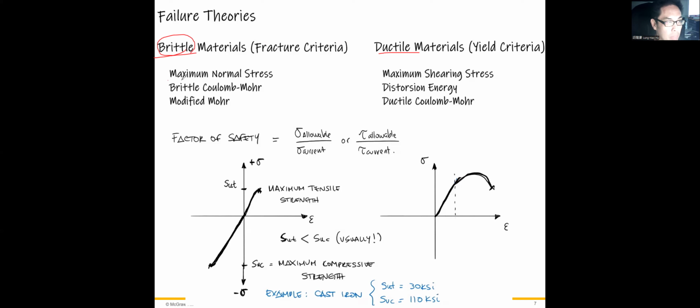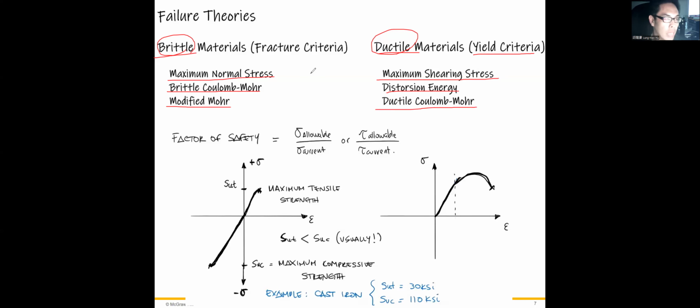First is the maximum normal stress, the Brittle Coulomb-Mohr, and the modified Mohr. Okay, and for ductile materials, what are the failure criteria we're going to use? There's yield criteria, right? Based on the maximum shear stress, the distortion energy method, and the Ductile Coulomb-Mohr.